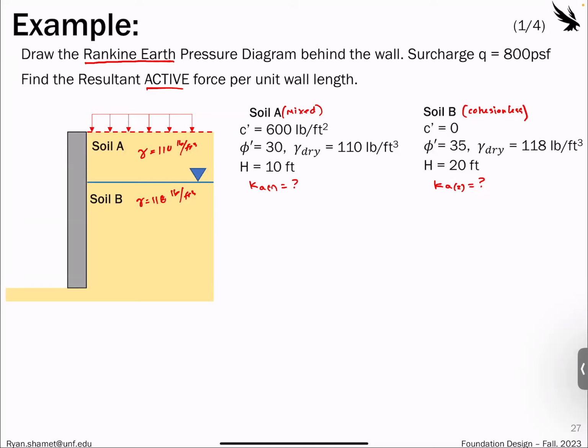For the top layer, this K active is going to be, we'll use the same equation, 1 minus sine of the friction angle over 1 plus sine of the friction angle. So that's 30: 1 minus sine of 30 over 1 plus sine of 30. This is going to be equal to 1/3, or we'll just say 0.333, whatever.